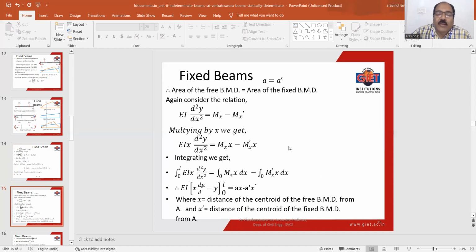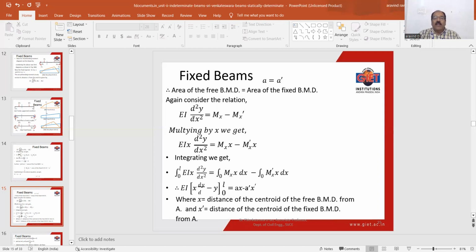Similarly, again consider the elastic line equation EI d square y by dx square. At a distance of x from end A, Mx minus M dash x is the net bending moment at the section under consideration.